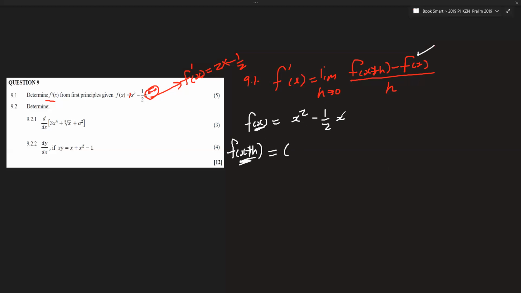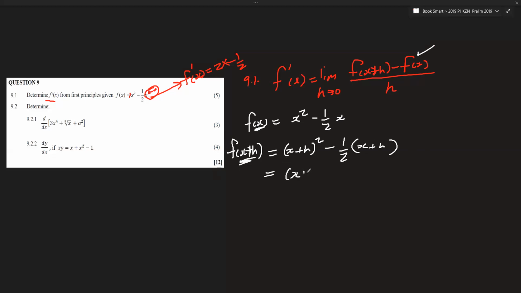So what do you do? You just rewrite f of x the exact same way it is, but where you see x, you open a bracket. Minus half, I'm seeing another x there, then there's nothing, so I'm not going to write anything there. But if there was 5, I would say plus 5 there. Does that make sense? Now, inside this bracket, you're going to put x plus h. Then let's simplify this.